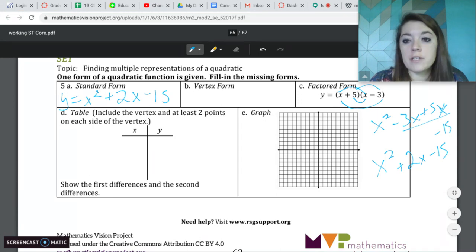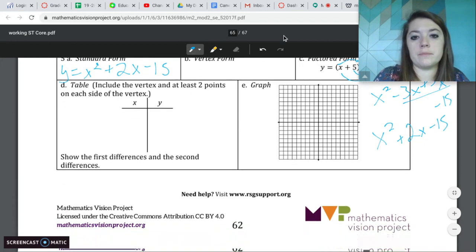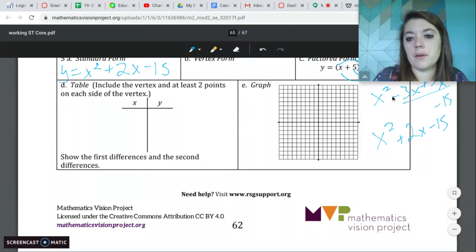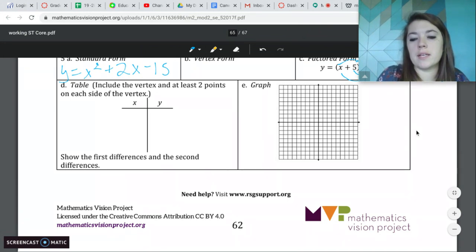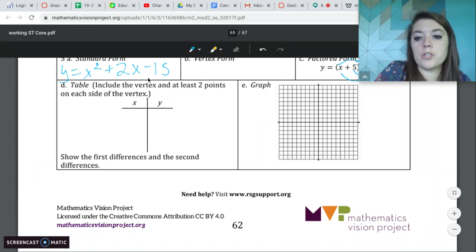Now, to find vertex form, we have to complete the square. So for this, I'm going to erase this over here so I have some more space. We're going to take our x squared plus 2x minus 15, and we're going to group the first two together. So we're going to have x squared plus 2x, leave some space, minus 15.